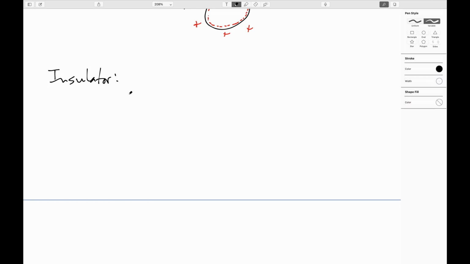So you can put charge on an insulator, but the charges stay put, so they don't move freely. And if they do move from one thing to another, we say that you charge not by conduction, but by transference.